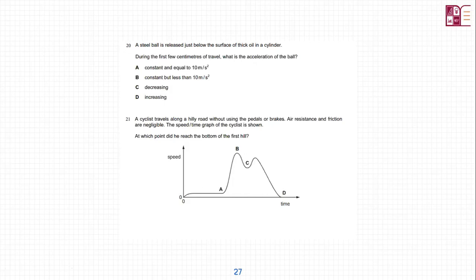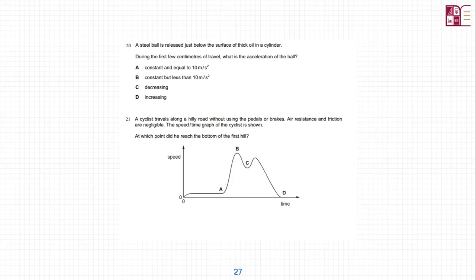When you're dropping the ball, at the time when you drop the ball, you let the hand go, the acceleration is 10 meters per second squared. But since the resistance is a lot, the acceleration will decrease as it moves down. So in the initial first few seconds, in the first few centimeters of the travel, the acceleration of the ball would be decreasing.